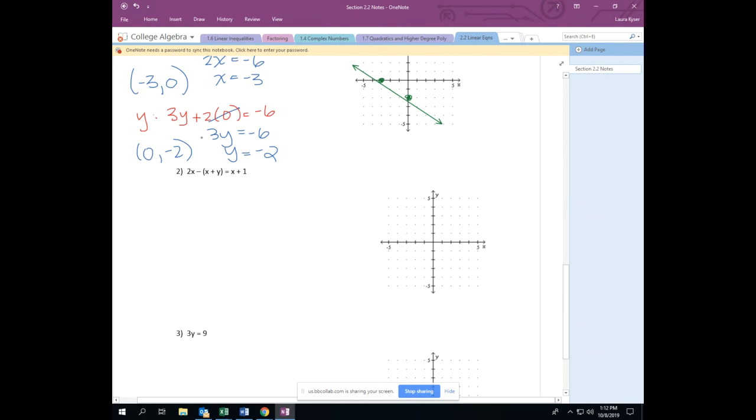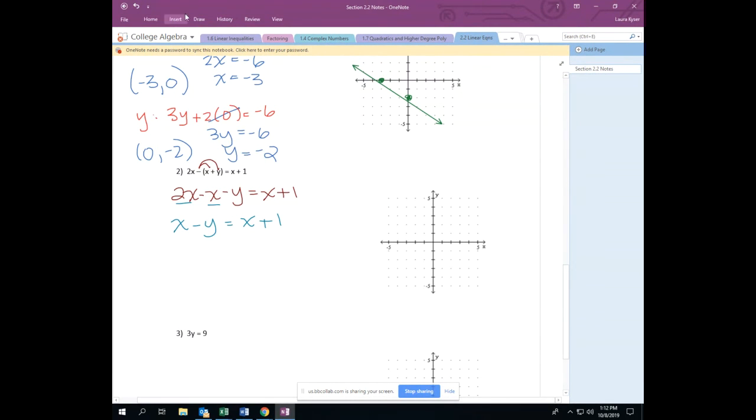So I'm going to go ahead and simplify this. Distribute that negative in there. So that's 2x minus x minus y equals x plus 1. And now over here on the left, I want to combine these like terms here. 2x minus x gives me 1x minus y equals x plus 1.